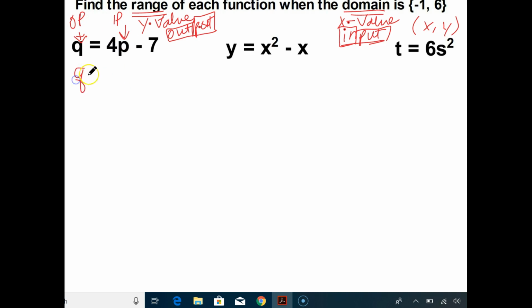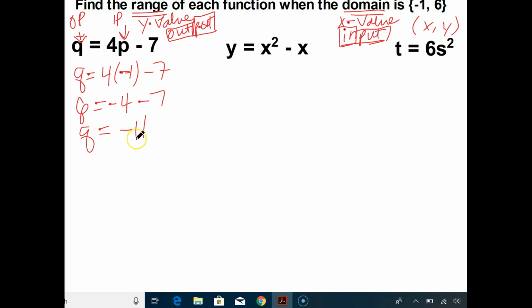So Q is equal to 4 times our first input, -1, minus 7. So Q is equal to -4 minus 7. So we get Q is equal to -11. This is our first input, -1.